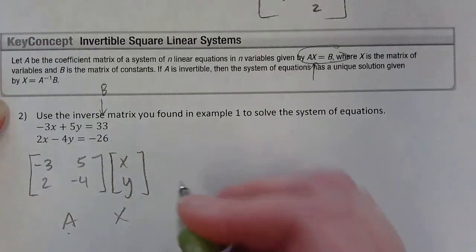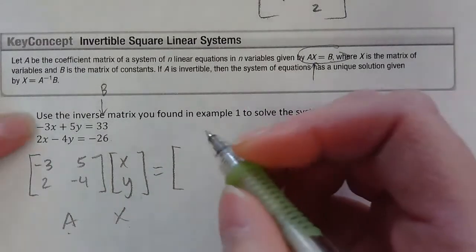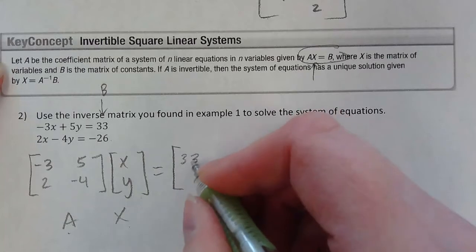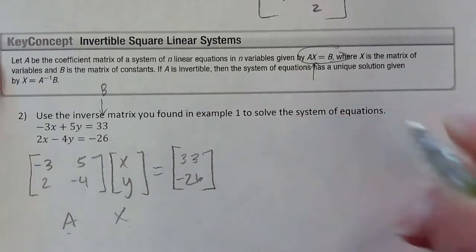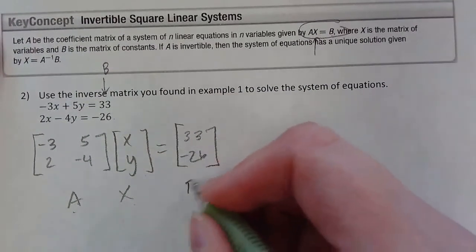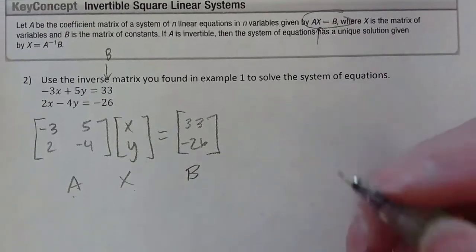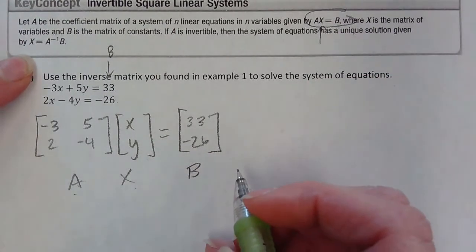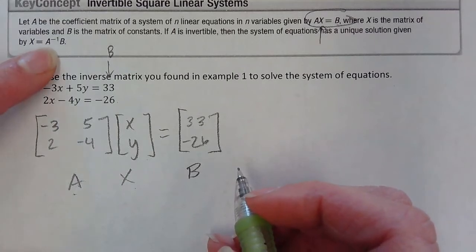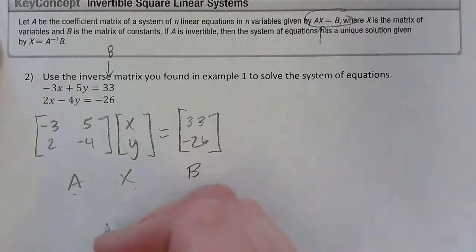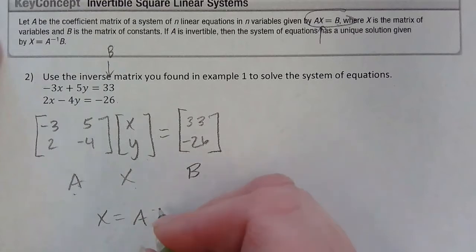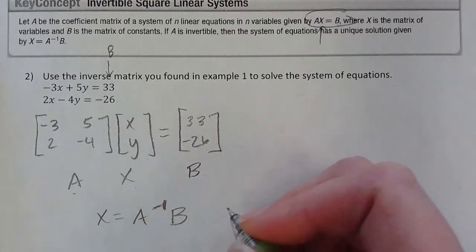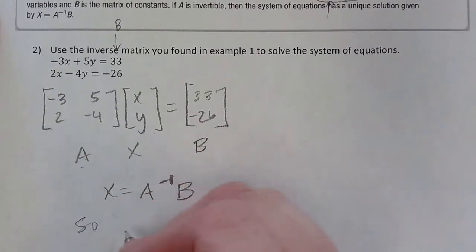So here's my A, here's my X, and it's going to be equal to the 33 and the -26. And that's B. So this is kind of what we're looking at right now. And they're telling me if I want X, I have to take and multiply the inverse times that B matrix. So X equals A inverse times B.